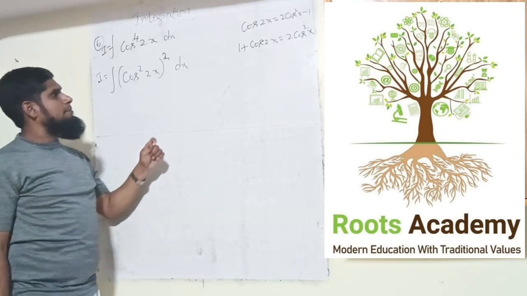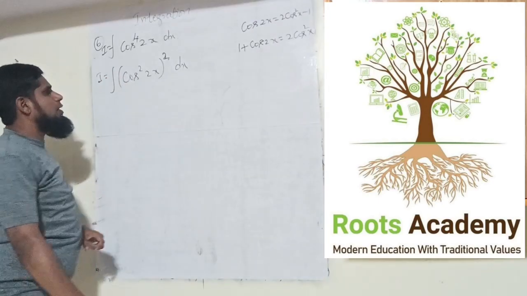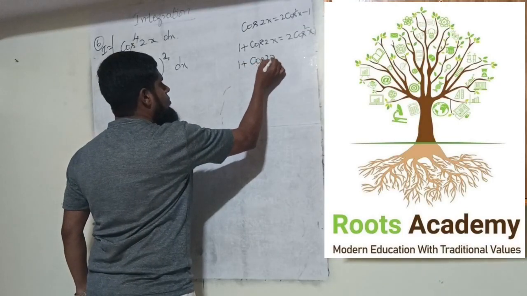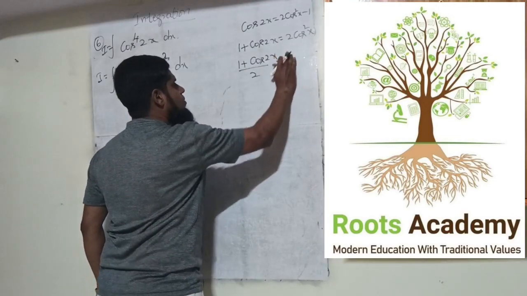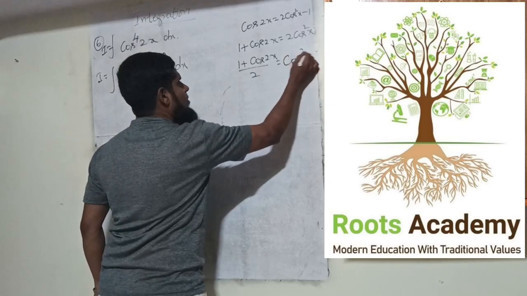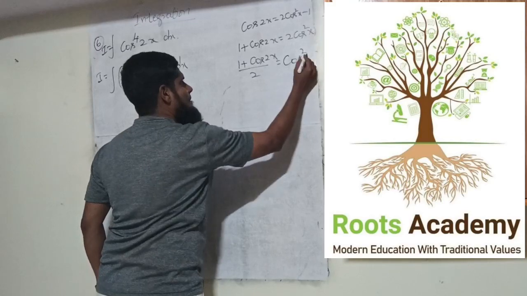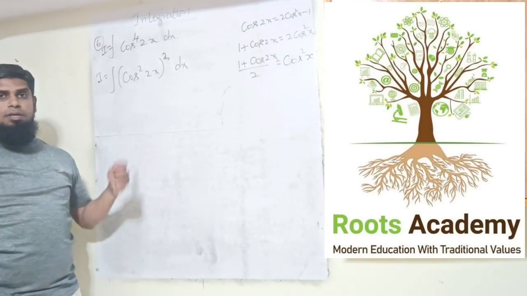Now student, I don't want the 2 here, so 1 plus cos 2x whole divided by 2 is equal to cos square x.